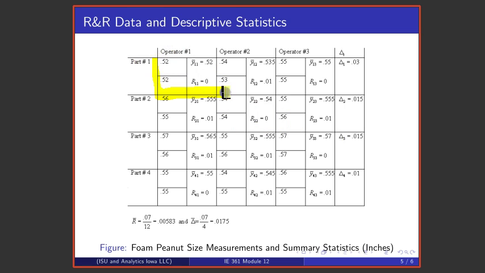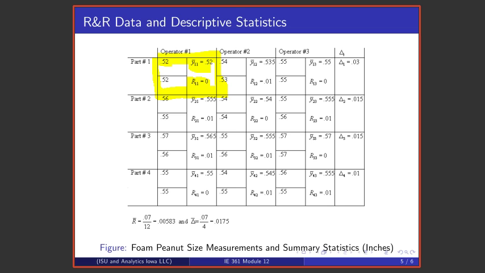Look, for example, at this first part and first operator. In that first cell, the 2 measurements are identical. They're 0.52, so their average is 0.52 and their range is 0. So in that particular cell, there's indication of a fairly small repeatability variation.